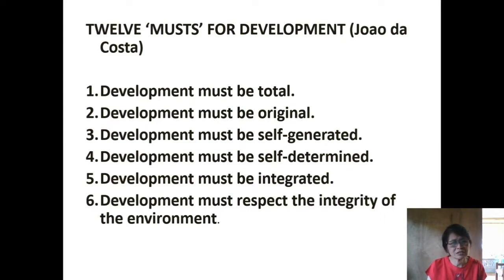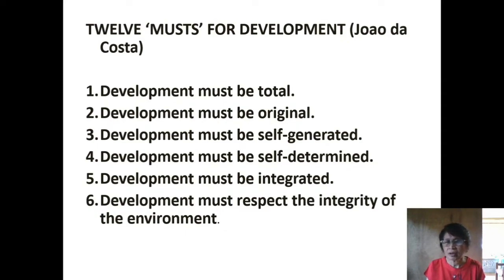Sixth is, this is always the battle cry: development must respect the integrity of the environment. There are instances where we flattened a mountain just to give rise to a new subdivision. I do not know if we are respecting the integrity of the environment. We even put up a mountain, even if there is no mountain, because we would like to make a tourist spot in there.